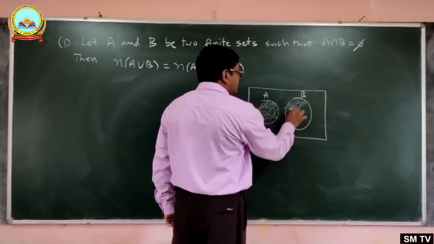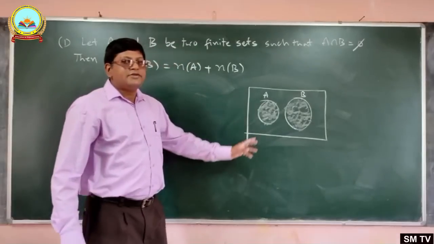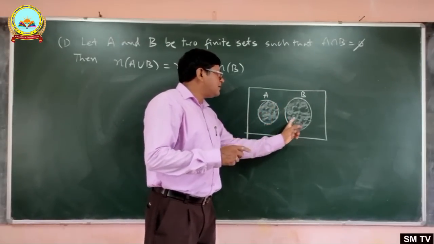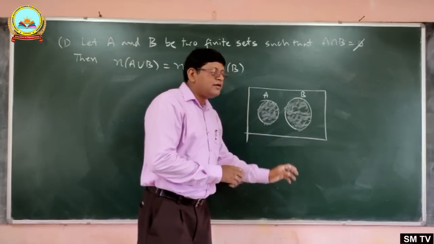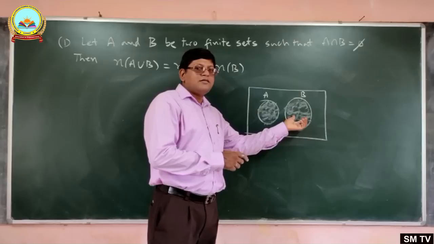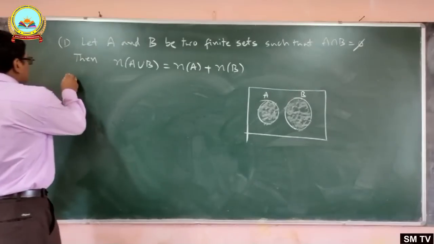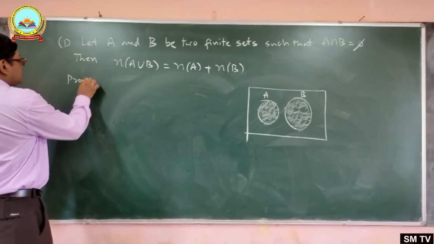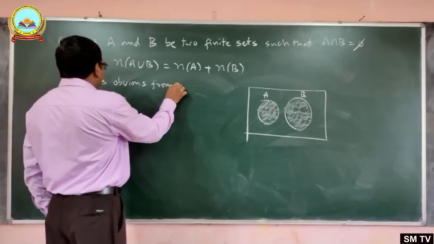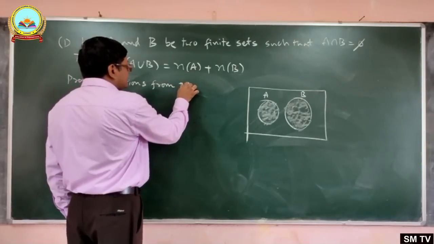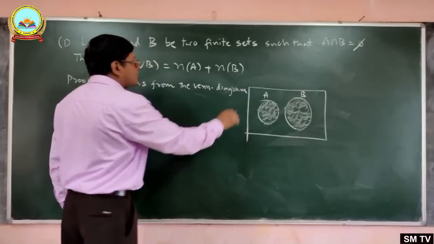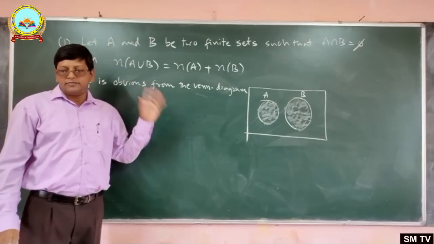So the shaded region represents the set A union B. Number of elements present in the shaded region or in the set A union B is the sum of the number of elements present in set A and set B. Proof is very clear from the Venn diagram.